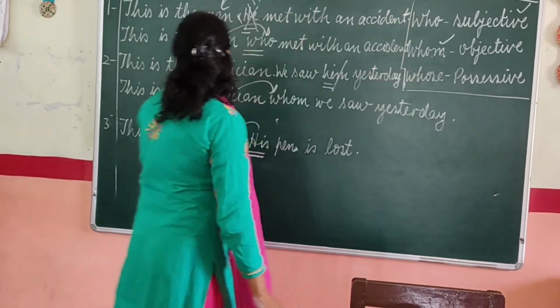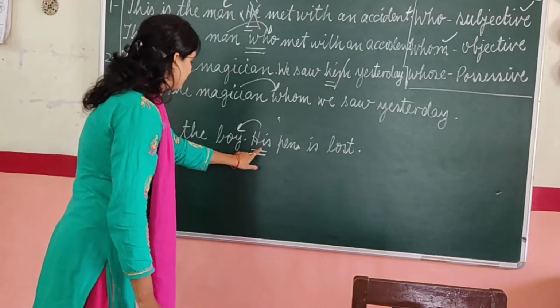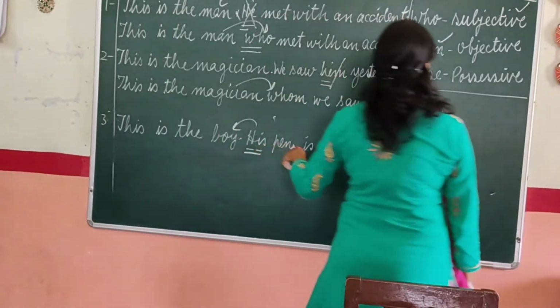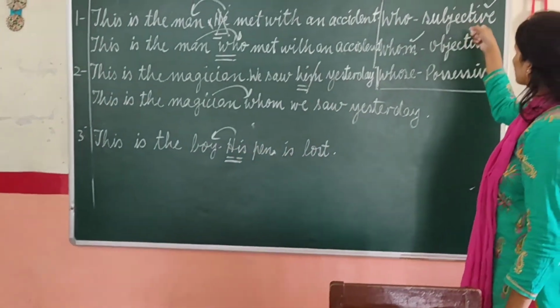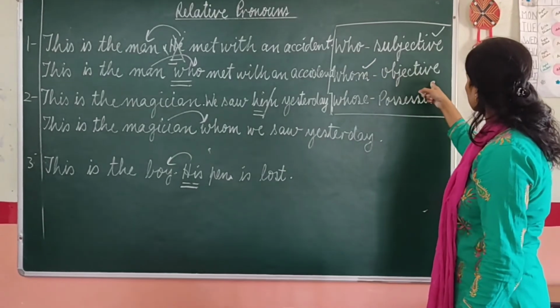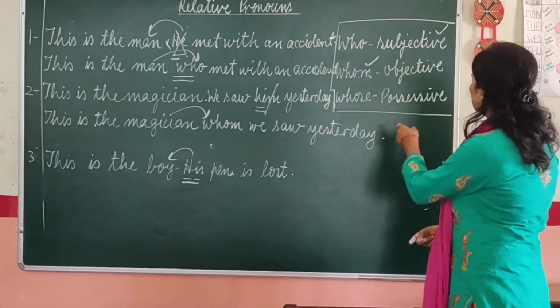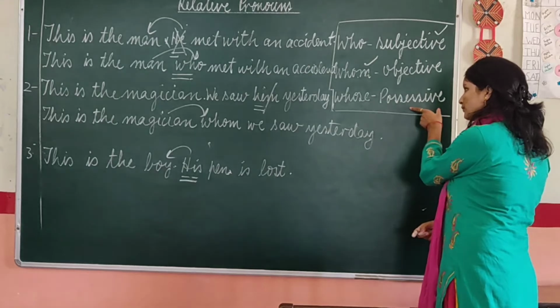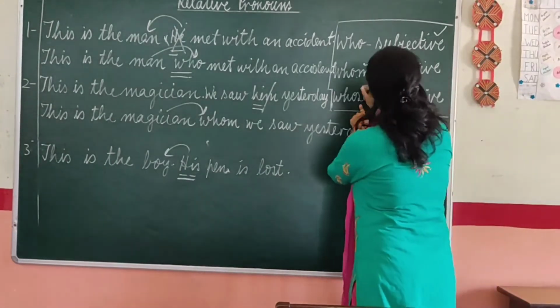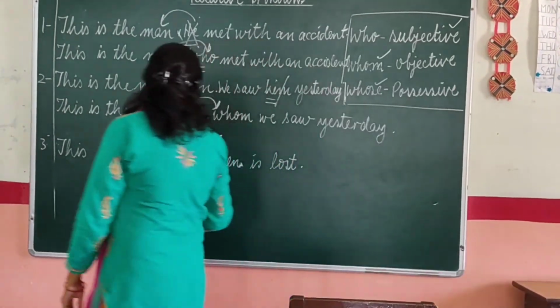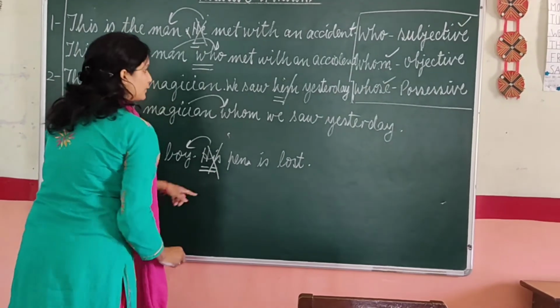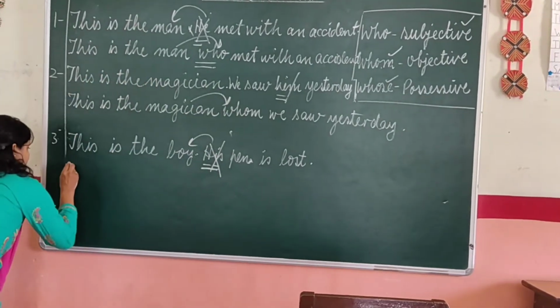And you have to choose. This is in possessive form. So you choose one. Subjective case, whenever subjective case we have to write who. Whenever objective case we have to write whom. And whenever the noun or pronoun is written in its possessive form, possessive case we have to write whose. So we can remove this and we have to write whose. Let's write.